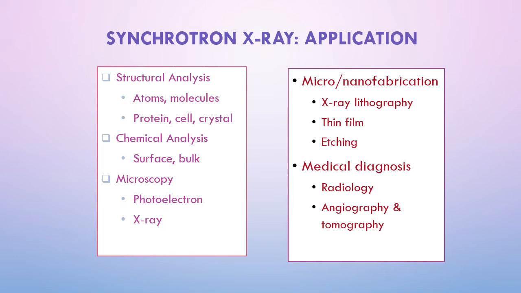You can use it in X-ray lithography, thin film, and etching. Other than that, it can also be used in medical diagnosis for radiology, angiography, and tomography. These are the uses of the synchrotron X-ray.